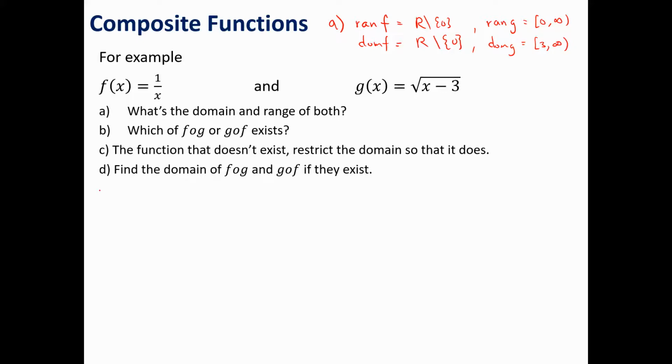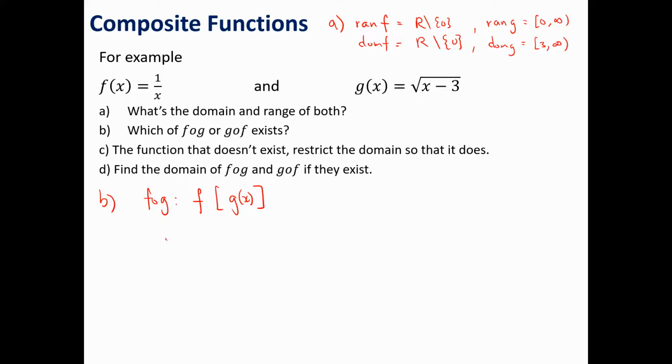B. Which one of them exists? So the only way to know is, if it's f of g, what are the conditions again? If it's f of g, it means I'm substituting g into f of x. So if you write it out, this is the same thing as saying f of g of x. So what's the condition? Range of what?